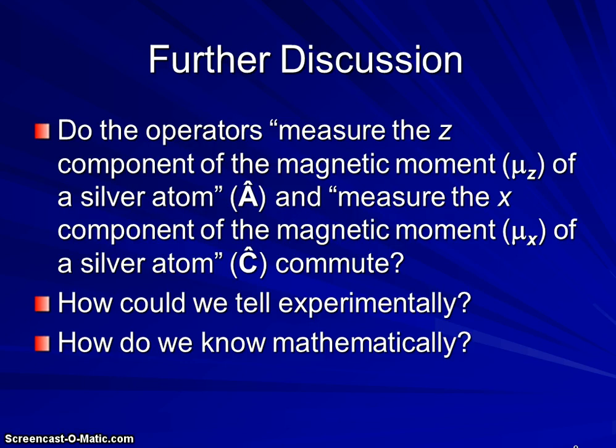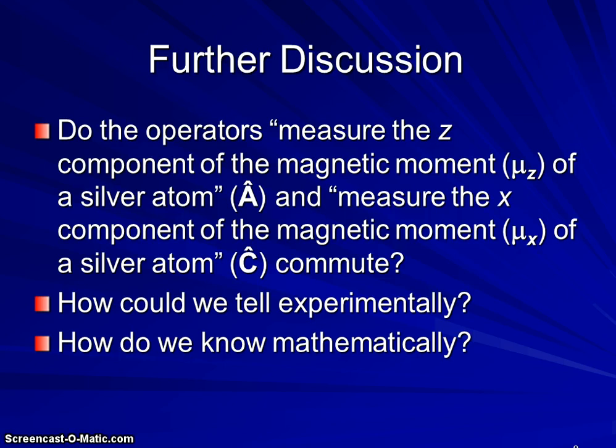Mathematically, we can already guess how this is going to come out. The original wave function of the particles was not an eigenfunction of the z component magnetic operator. So operating on it with a z measurement changed the system. It changed from being a linear combination to being one eigenfunction for each beam.